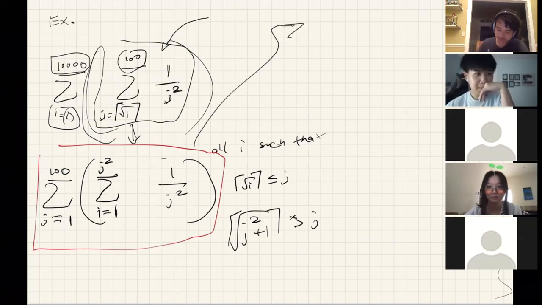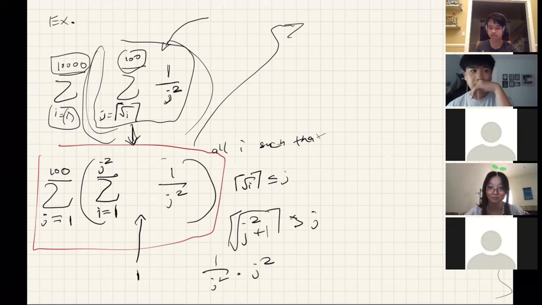But anyways, once you swap the order of summation and you've got this magical thing right here, you can notice that for each j, the value of this little thing here is going to be 1, because it's just 1 over j squared times how many terms are in the sum. That's just j squared terms. So the trick here was making the nested sum inside a sum of a constant.